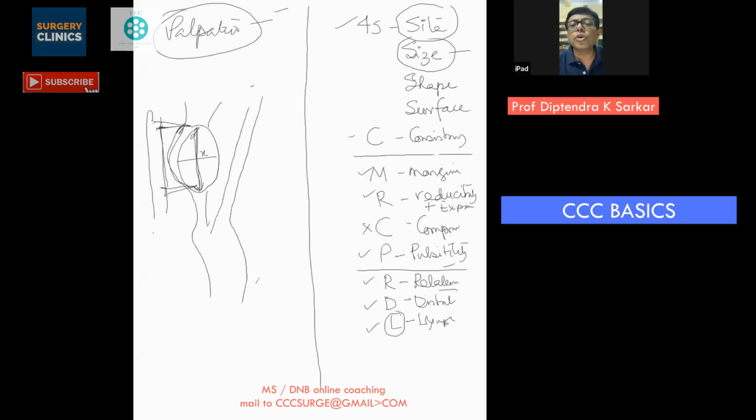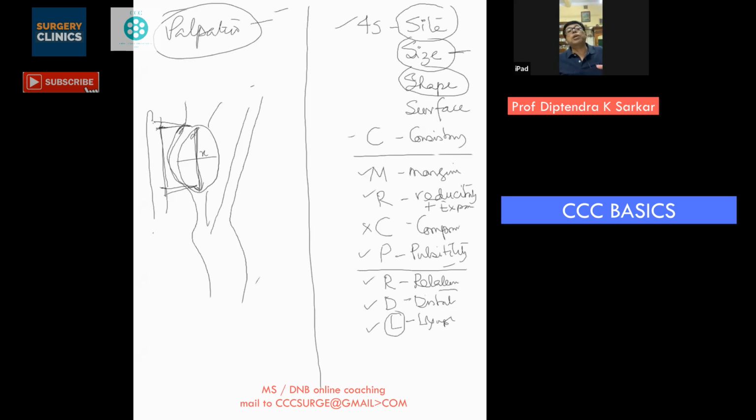Okay, so that actually tells you the size. The shape is quite frequent. Now, when you are describing the shape of a swelling, the only thing you try to remember is that on inspection, your description is mostly two-dimensional. That means you can tell it's a circular swelling.